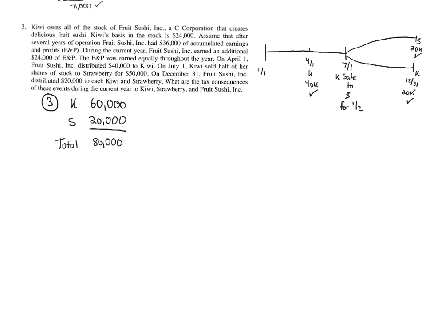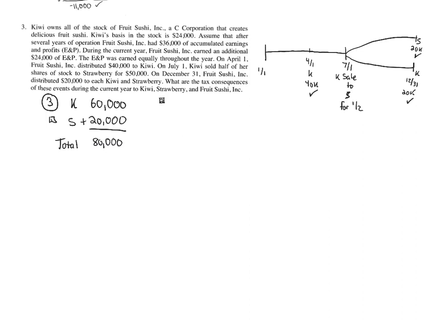Total is $80,000. There's only cash here. There's no liabilities. There's no fair market value of non-cash property. So you're just using the cash amounts. Remember, that's the distribution formula. Okay. So that was part 1, the distribution amounts.